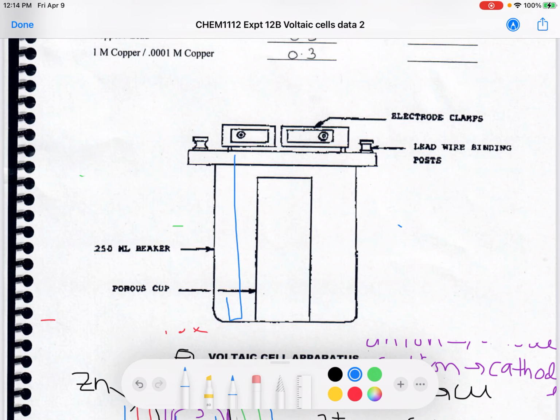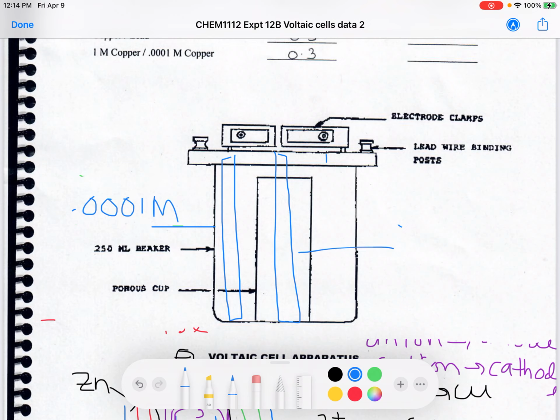So you have one copper rod over here, you have another copper rod over here, but the solutions have different concentrations. Let's say this is the outside one, this is 0.001 molar, and then the inner one, let's put 1 molar.